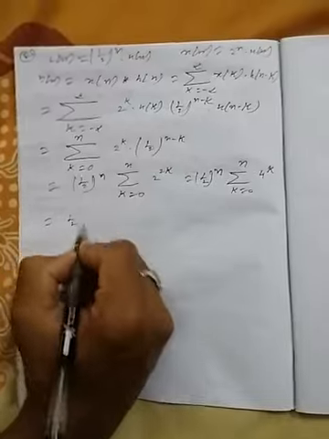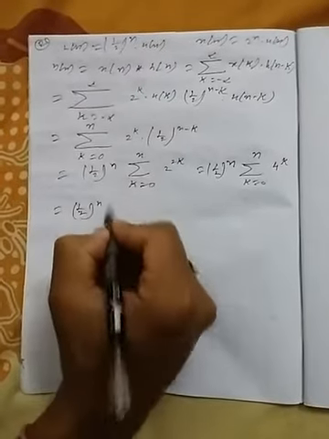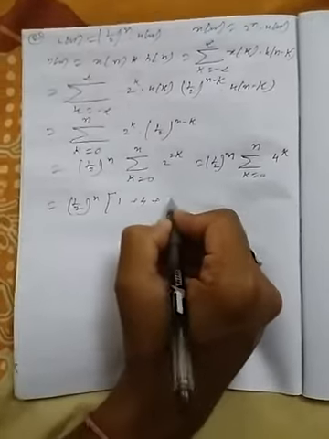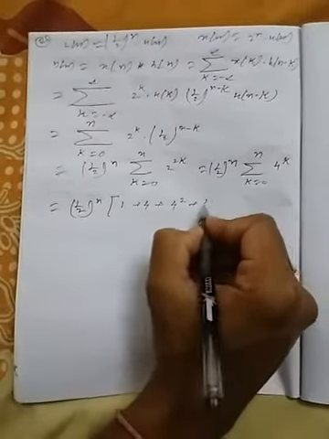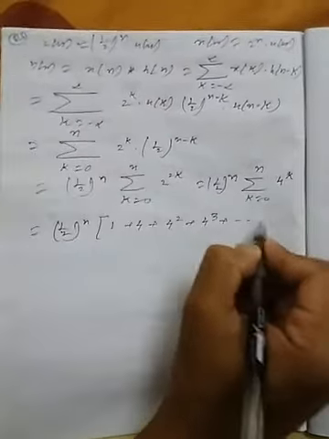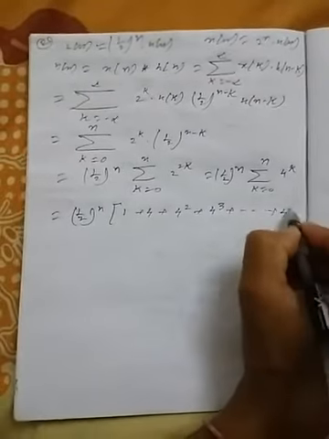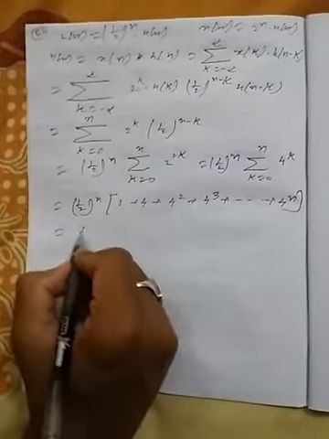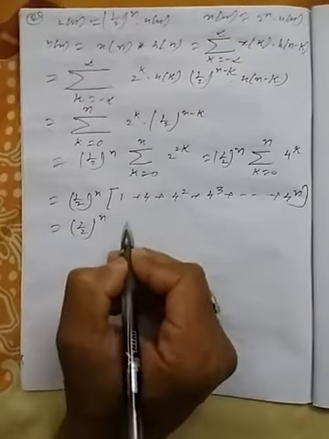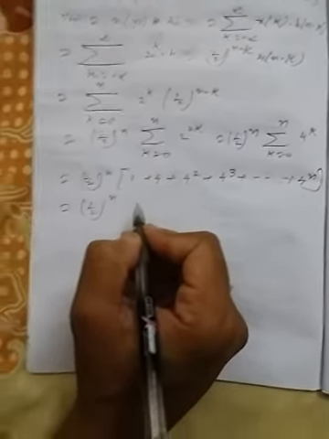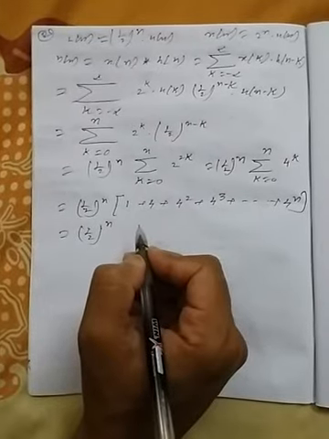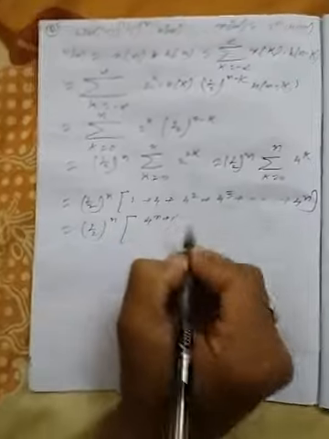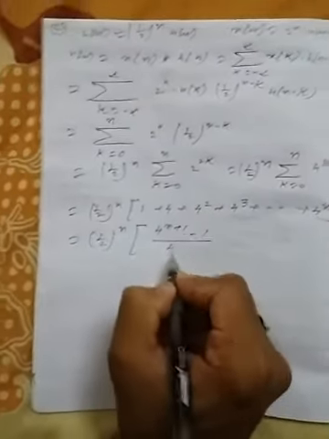Now half to the power n into 1 plus 4 plus 4 square plus 4 cube up to plus 4 to the power n, right? So half to the power n into this will be equal to 4 to the power n plus 1 minus 1 by 4 minus 1.